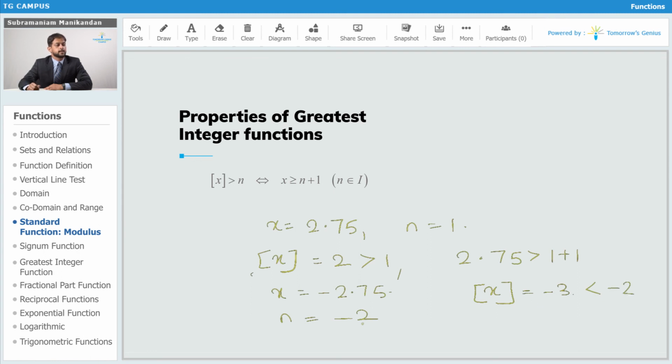So let's take n equals to minus 4, and minus 3 is greater than minus 4. Therefore, minus 2.75 is greater than or equal to minus 4 plus 1. That is, minus 2.75 is greater than minus 3.